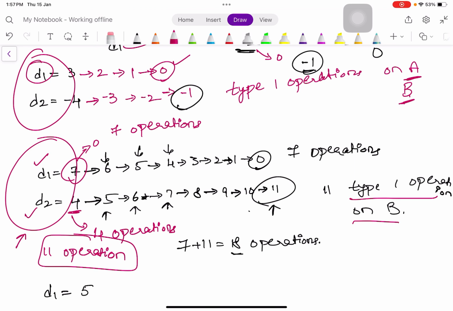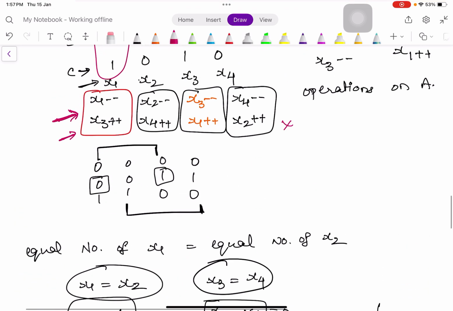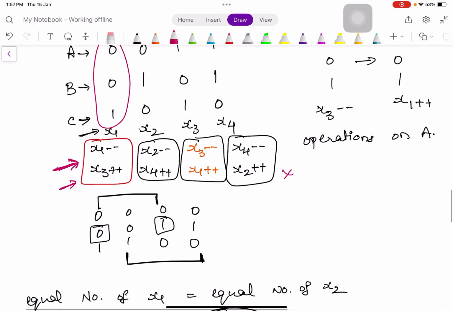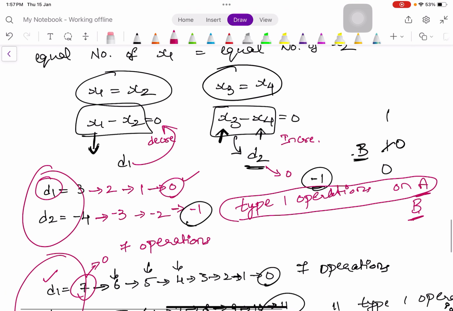Because when we use type 1 operation on string A, what happens is one value gets decremented, x1 gets decremented, x3 gets incremented, x2 gets decremented, x4 gets incremented, which in turn leads to a reduction of D1 and increment of D2, or D1 increment and D2 decrement.